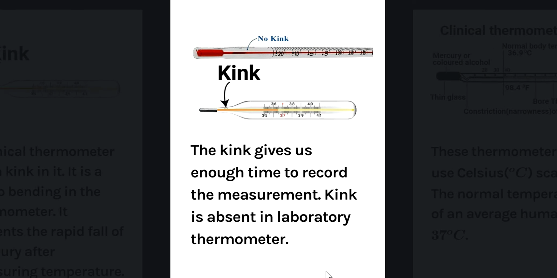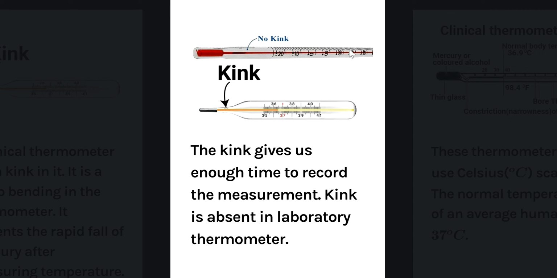Here is another important key factor: this kink or constriction is present in the clinical thermometer but not in the laboratory thermometer. You can see that the laboratory thermometer has alcohol here. So this is without kink, with kink, and without kink.